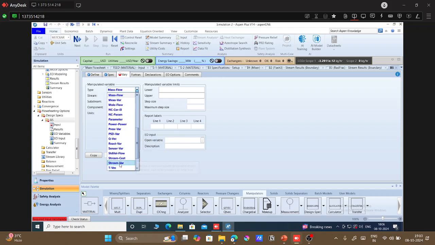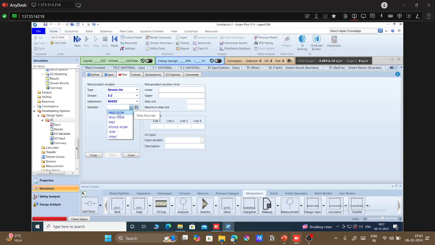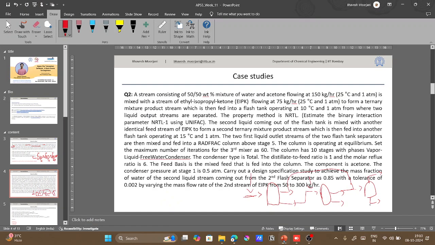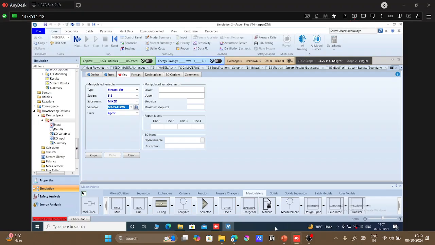Yeah, stream variable S2, and here we want to change its mass flow rate. The bound that has been provided to us is from 50 to 300 kg per hour. So lower bound is 50, upper bound is 300 kg per hour. Step size we don't have to worry about since it's an optional thing. And let's run the simulation.